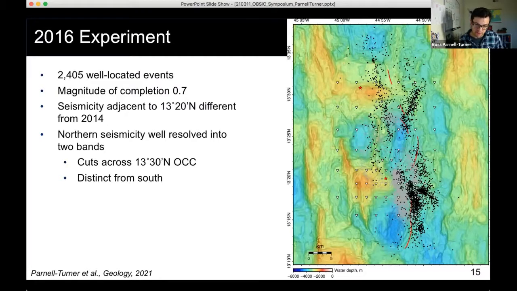Just dwelling on that for a moment, this band here, where my arrow is, a bunch of earthquakes that are clearly cross-cutting right across the 1330 detachment, which is quite different to what we see at 1320.